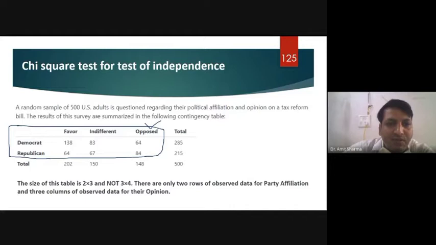Now you can see the equation given and the numerical given. A random sample of 500 US adults, that means you have taken a population of 500 US adults, distributed a questionnaire, and asked about their political affiliation and their opinion.